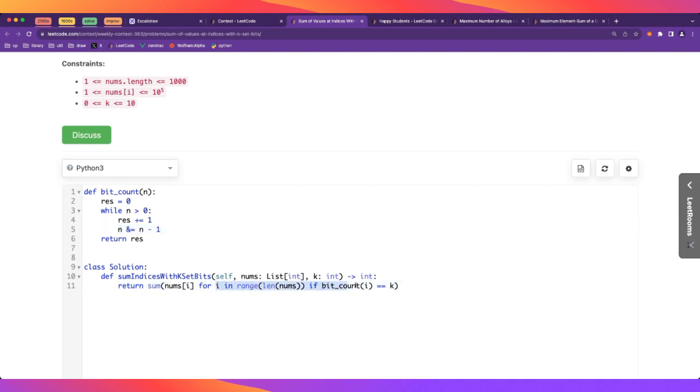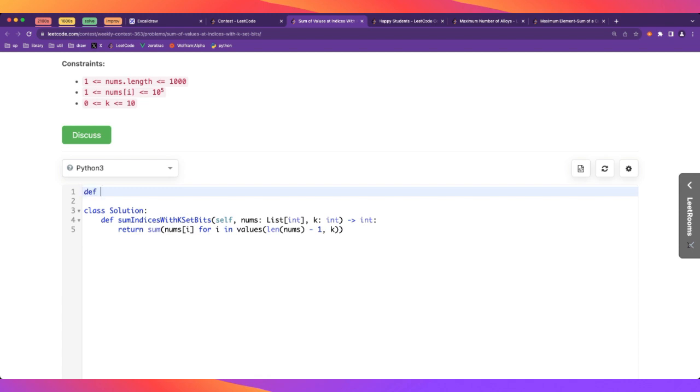So maybe we can create a function, values, that is going to give us all the numbers from 0 to len of nums minus 1 inclusive that have k set bits, right?